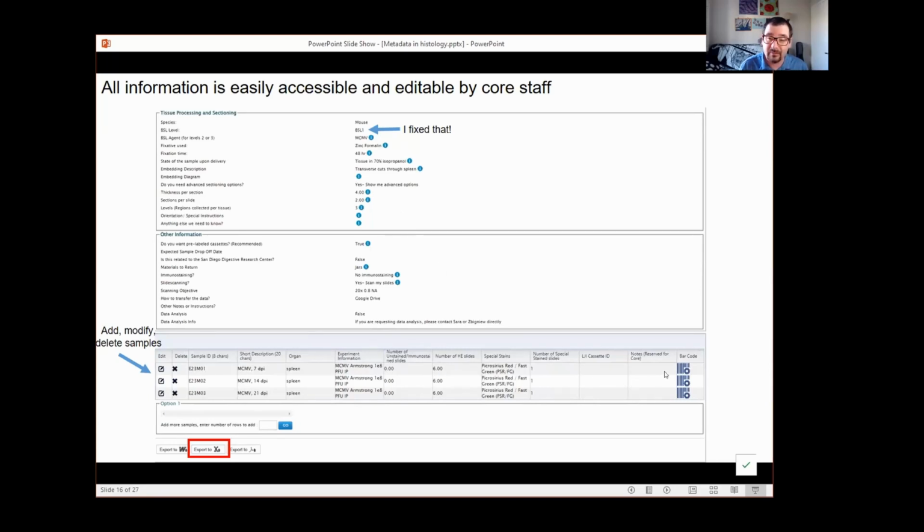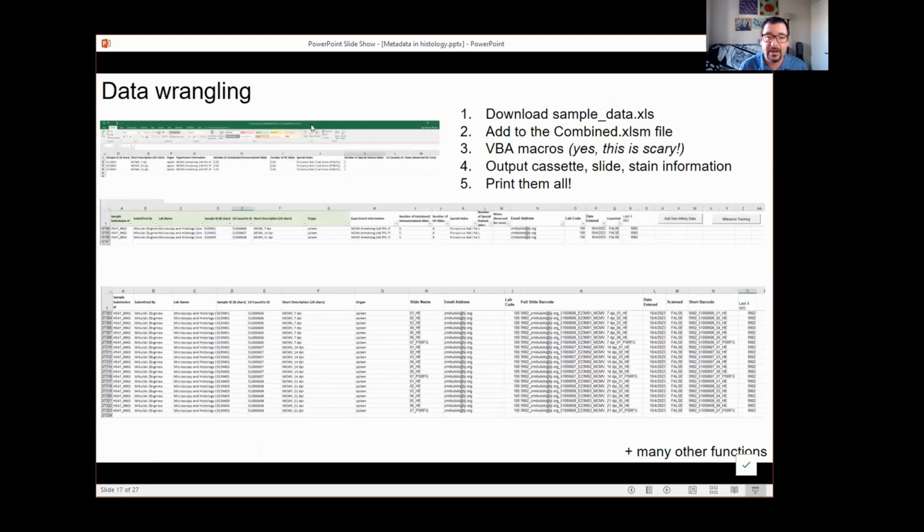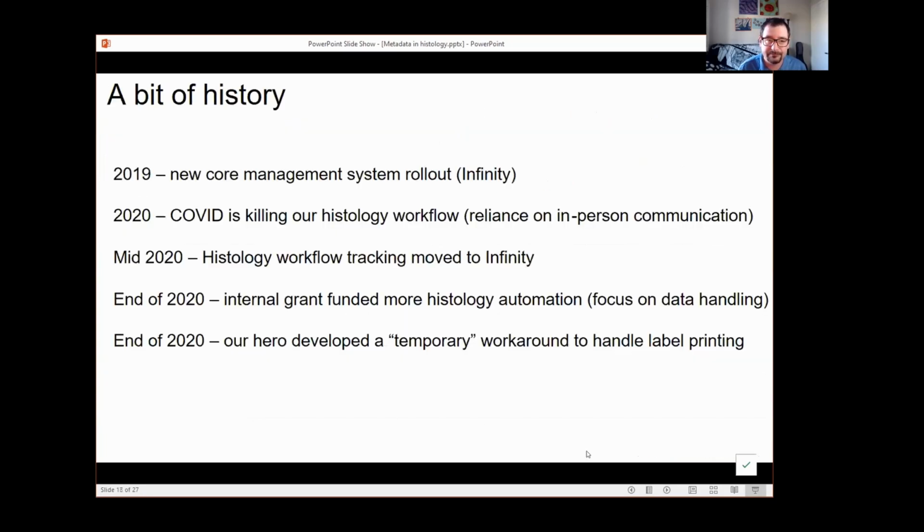That's also why this form looks this way, because we can then take that data and with help of a bunch of weird macros in Excel, we can add and transform the data to output information that's going to be used to print cassettes, slides, and provide information about the stains, and it has a bunch of other functions.